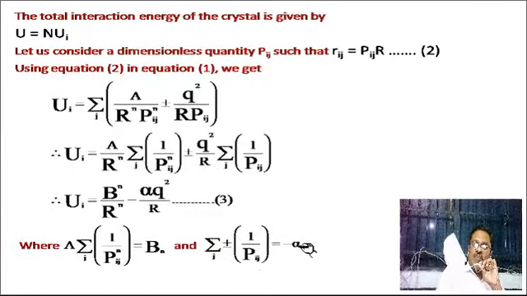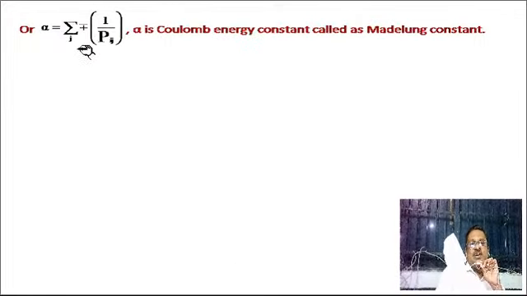Therefore, the value of alpha will be, this sign will come here, so it will become minus or plus. So alpha is summation j of minus or plus 1 divided by Pij. Here, alpha is the Coulomb energy constant called the Madelung constant.